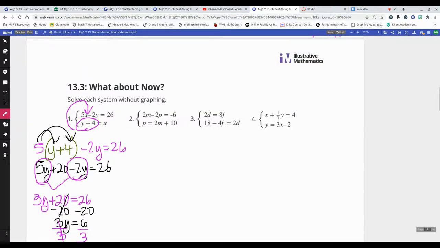Let's check our answers. I'm going to check it on the calculator. So we said x is 6, y is 2. So it should be correct for both equations. If x is 6, then 5 times 6 minus 2 times 2 is 26.